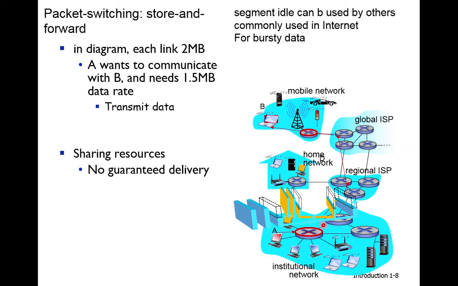When the data is sent, the next router again receives the whole packet and stores it. It will not forward the packet until the whole packet is received. When the packet is received, it also examines the packet's source and destination address.